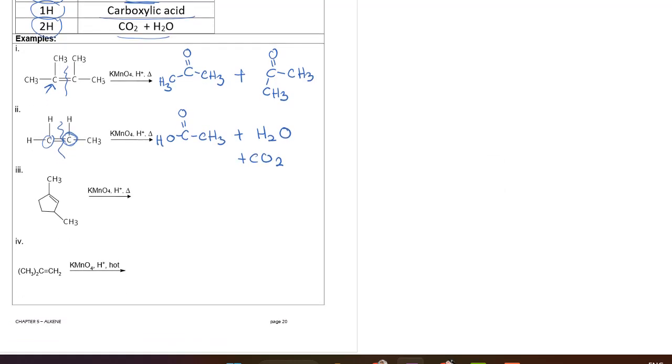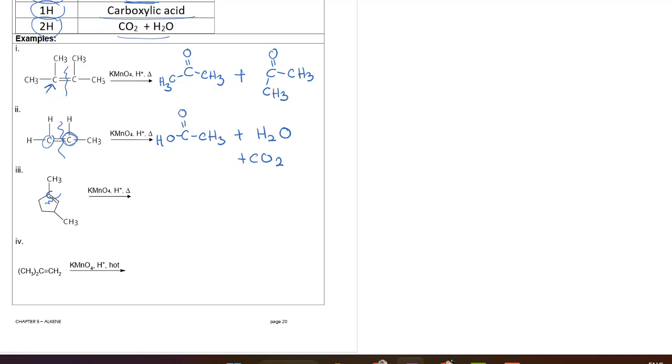When you have a cyclic compound, it won't break to become two molecules. From cyclic, it will become a straight chain. However, if it is difficult to draw the straight chain, you can draw like this, very simple.